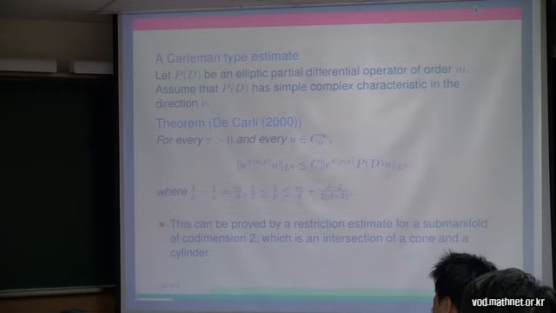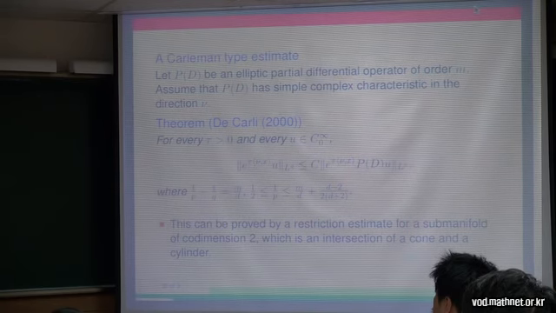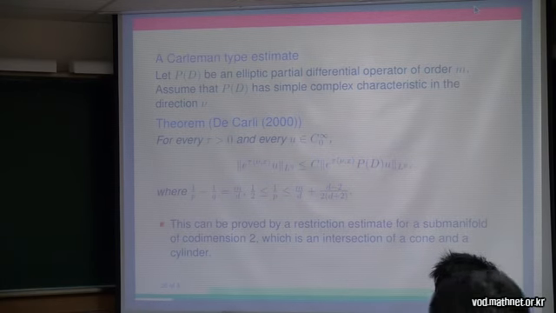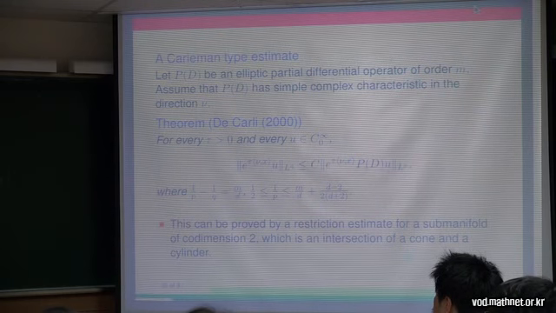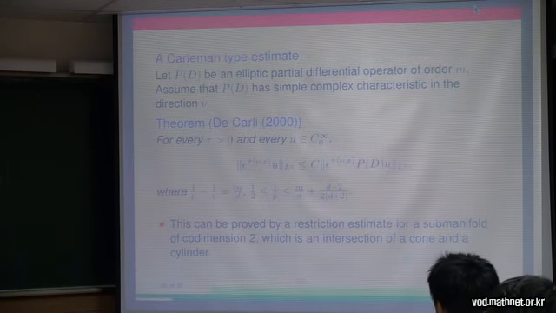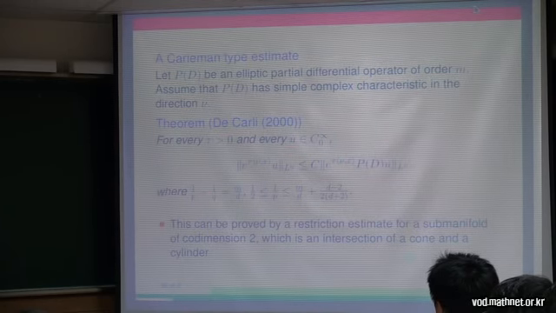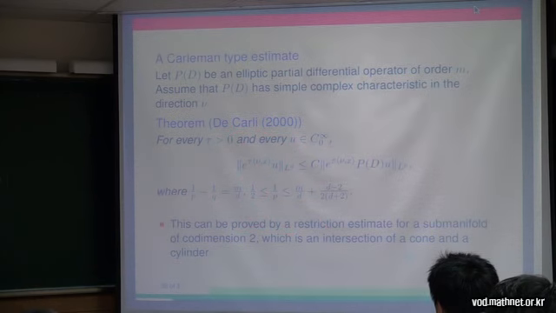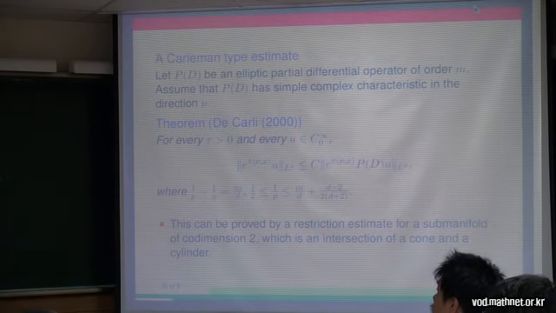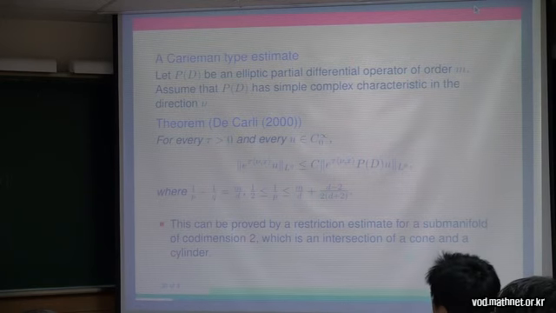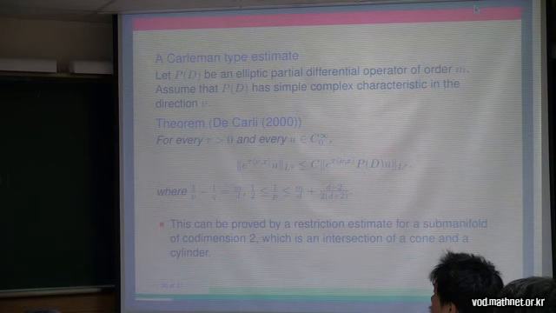So this is an application of the restriction estimate for a manifold of codimension 2. She claims that she is the first one to use the restriction estimate to prove the Carleman type estimate.